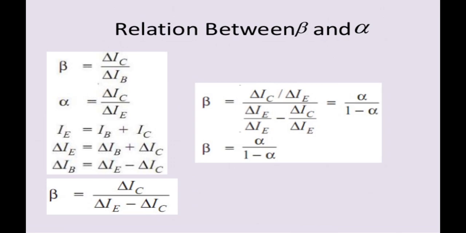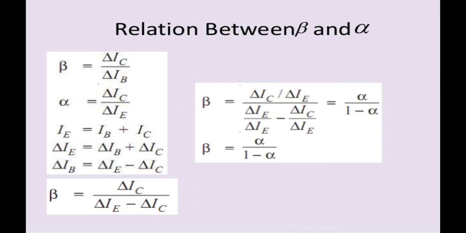The simple definition is that the rate of change of collector current with respect to emitter current is alpha, and the rate of change of collector current with respect to base current is the beta amplification factor. The common base amplification factor is alpha and the common emitter amplification factor is beta.